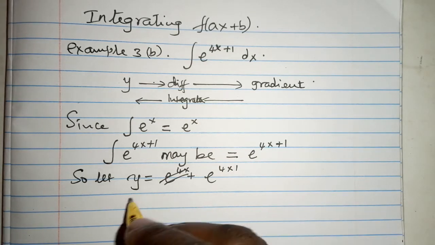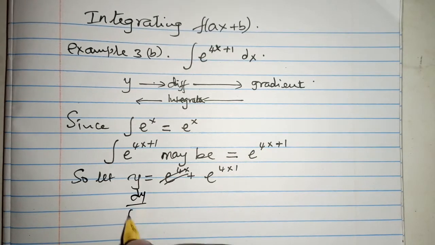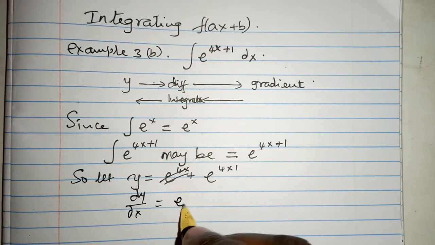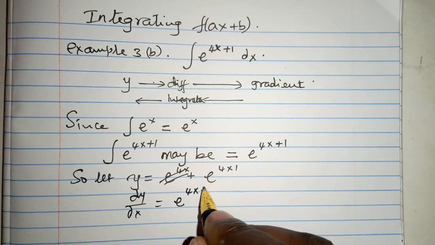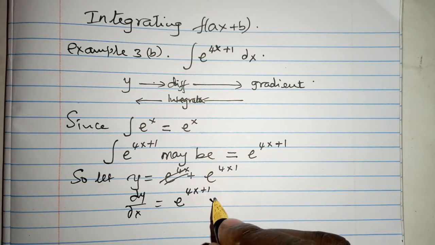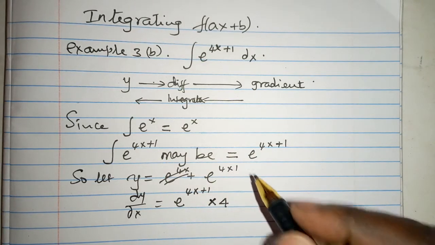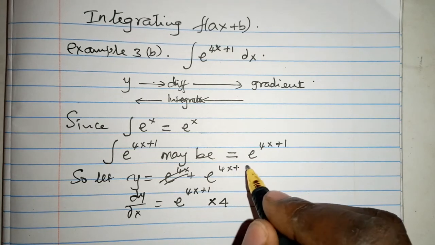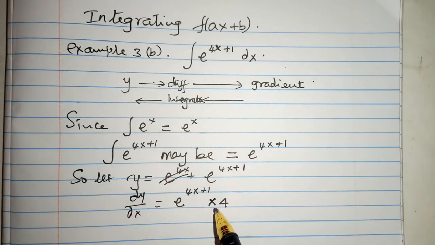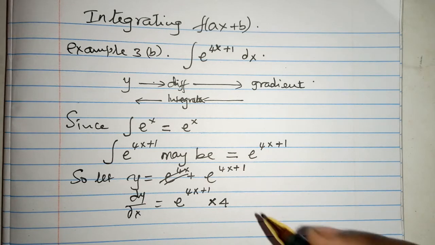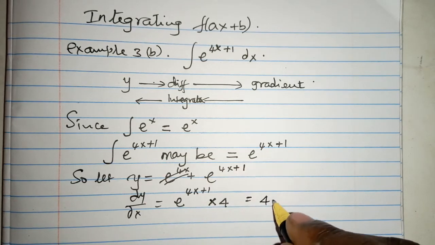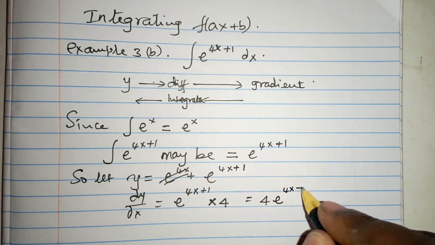now dy/dx is going to be e raised to power 4x plus 1 multiplied by 4, having applied the chain rule. This is 4 e raised to power 4x plus 1.